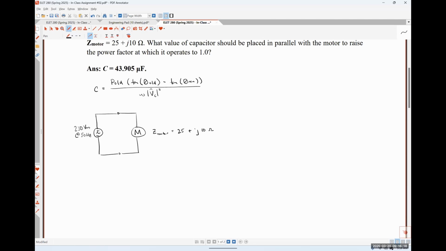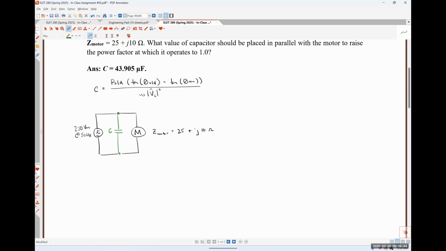For what it's worth, our capacitor, which I'm going to put in green here, is going to be applied across the terminals of our motor or supply voltage, in this case the same terminals. So that's where our capacitor is going to go in this system to correct our power factor. Let's start with any low-hanging fruit.